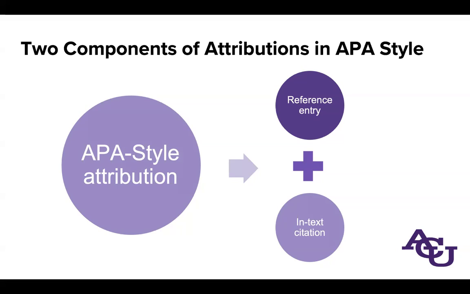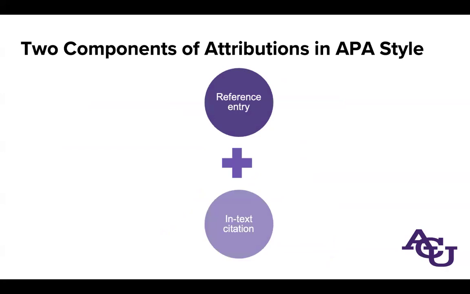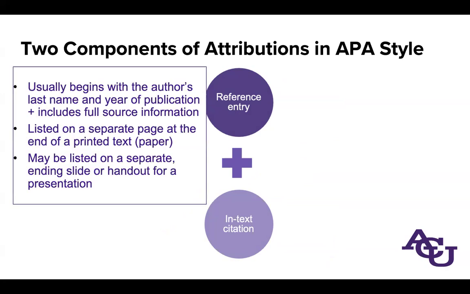In APA, that act of attributing requires two components, a reference entry and an in-text citation. Before we look at some examples, we're going to summarize what each of these elements is. So by reference entry, we mean it usually begins with the author's last name and year of publication, and it includes additional source information as well, so that the reader can figure out what source exactly you're talking about.